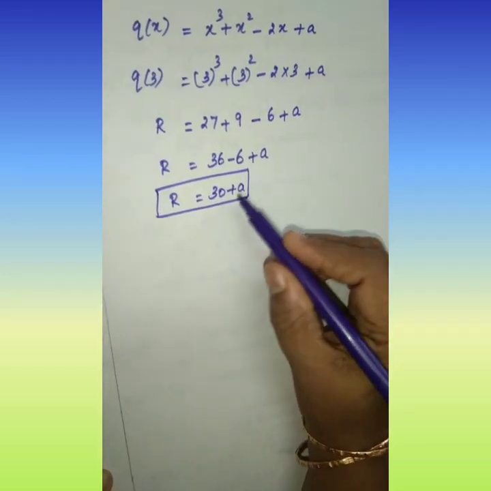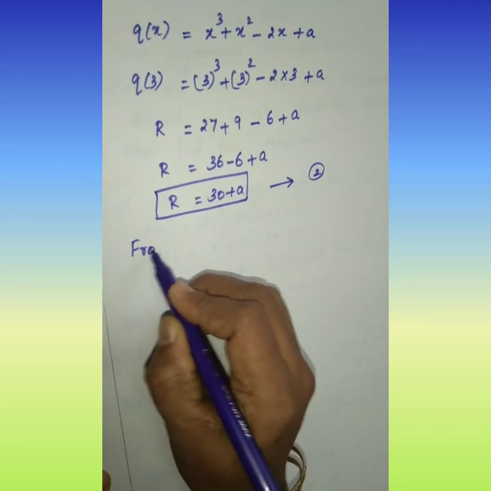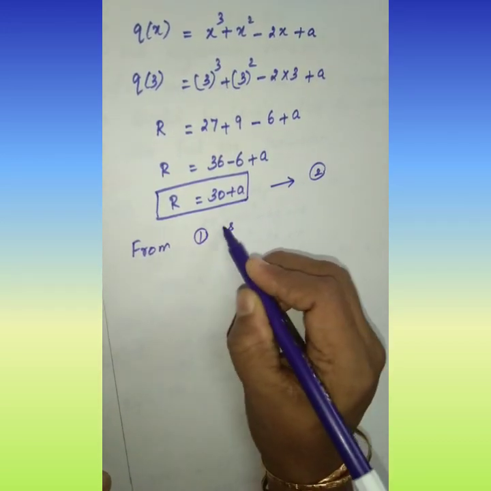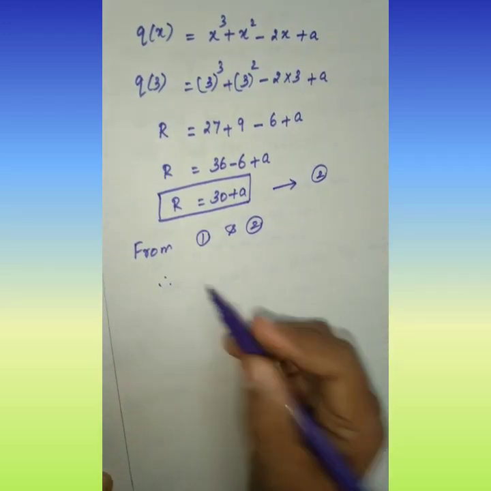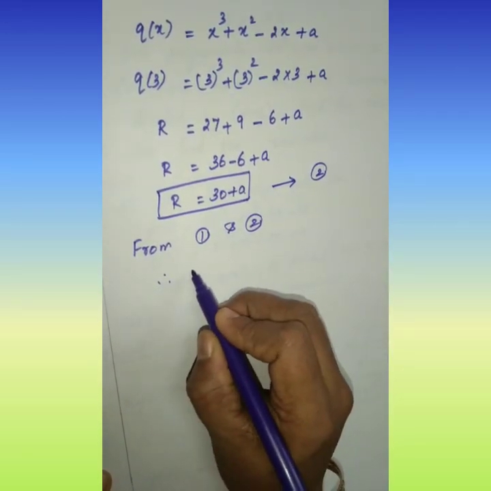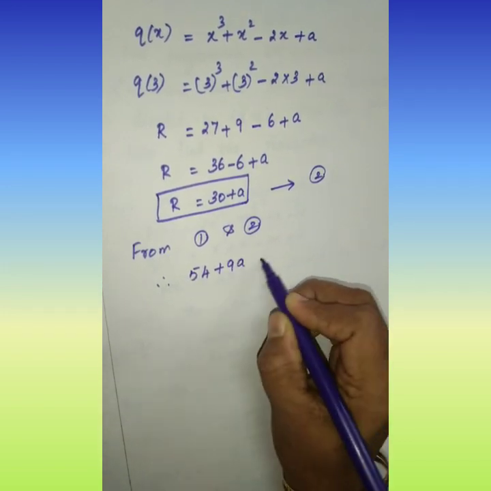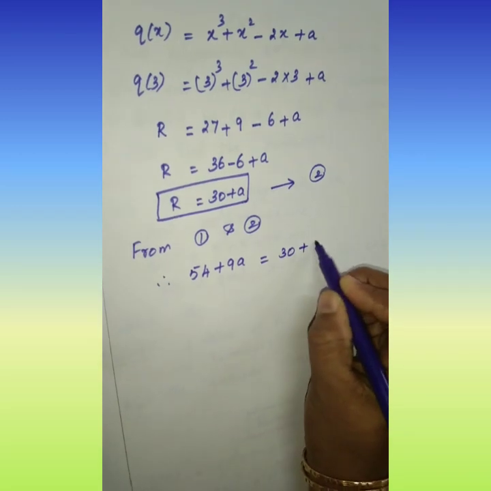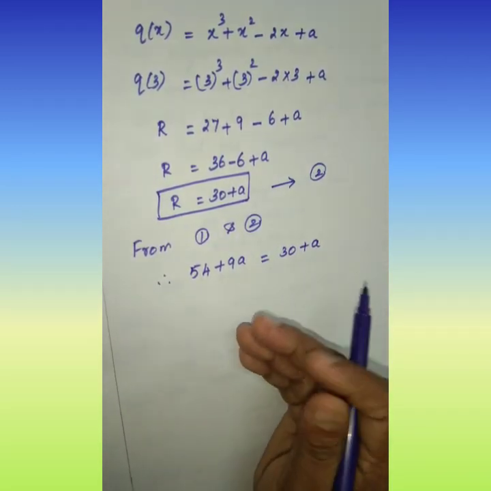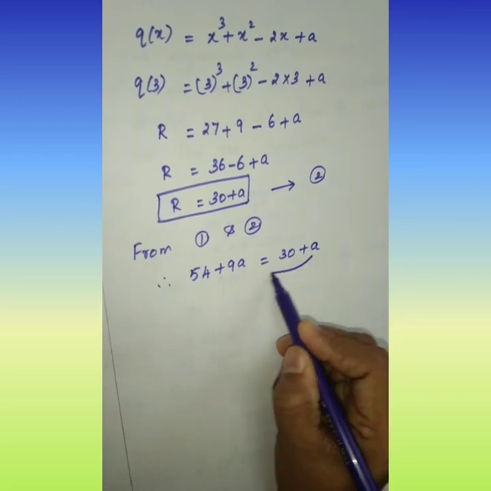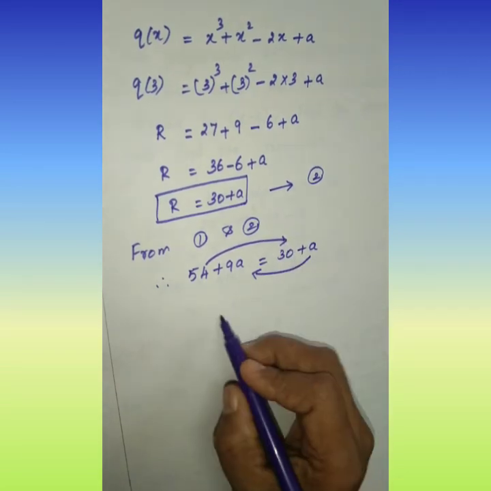So from 1 and 2, the remainders are same. Therefore, both left sides are equal. That is, 54 plus 9a is equal to 30 plus a. So we can group all the a one side and constants one side. So plus a comes as minus a and plus 54 comes as minus 54.